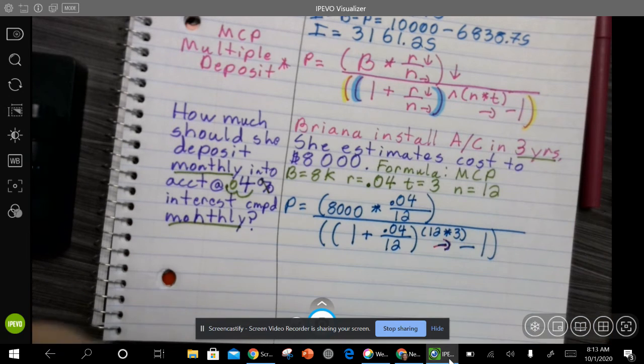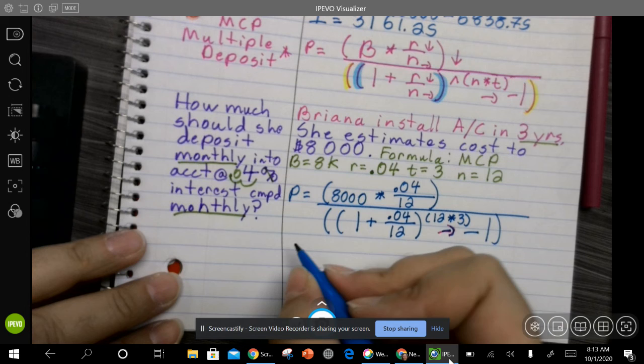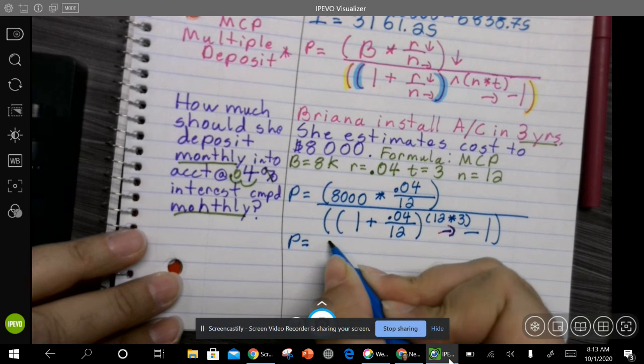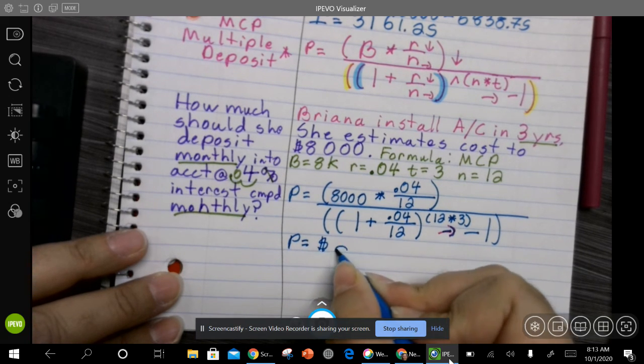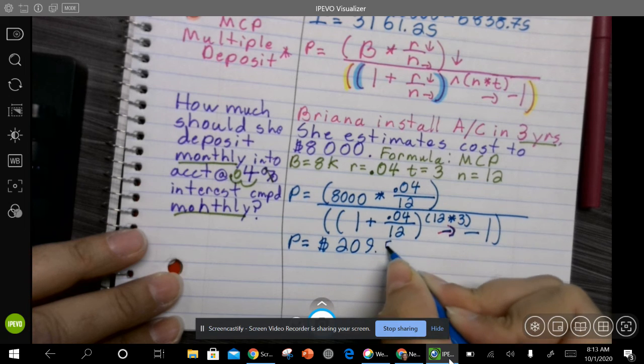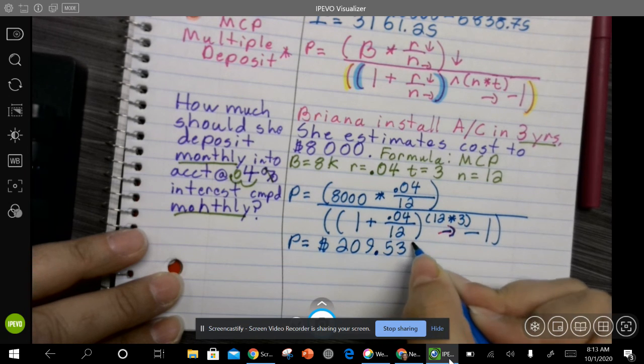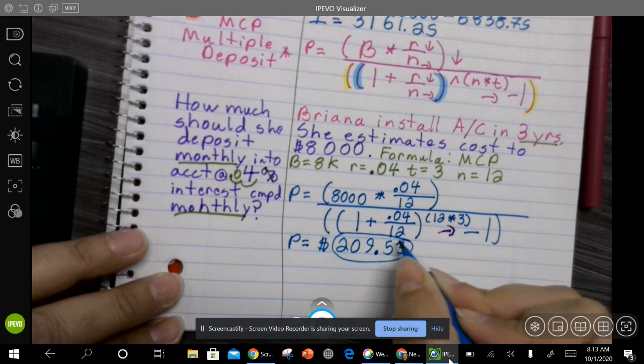Okay, so how much does she need to deposit every month is $209.53.